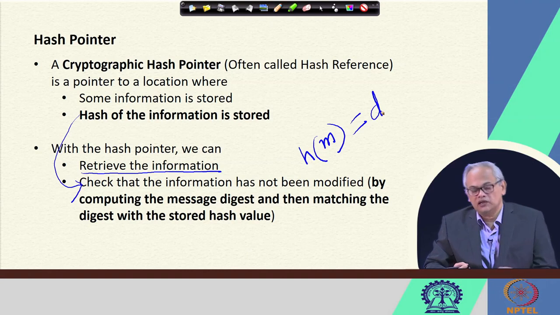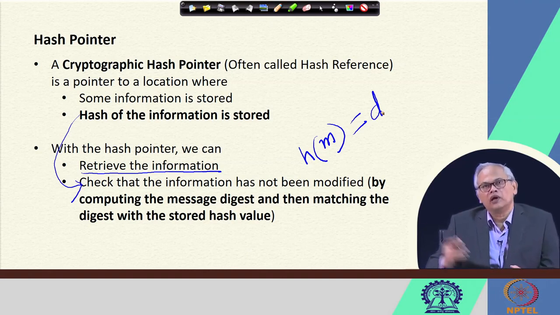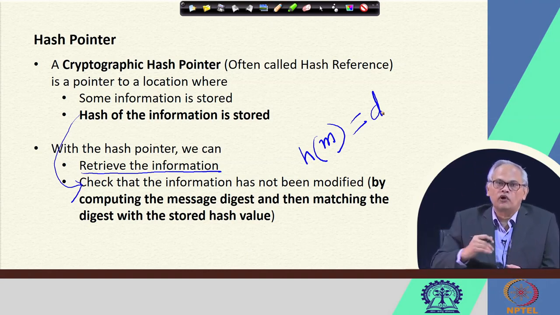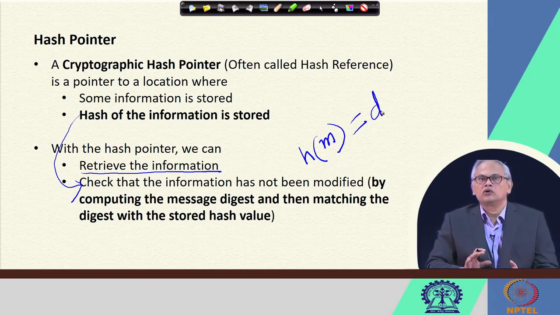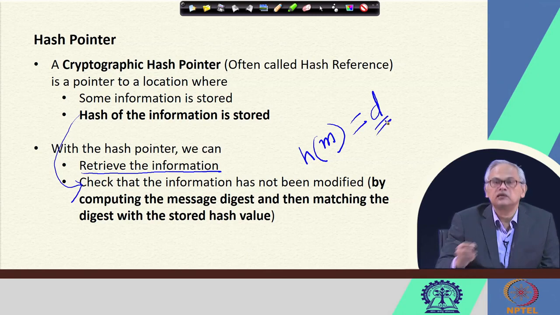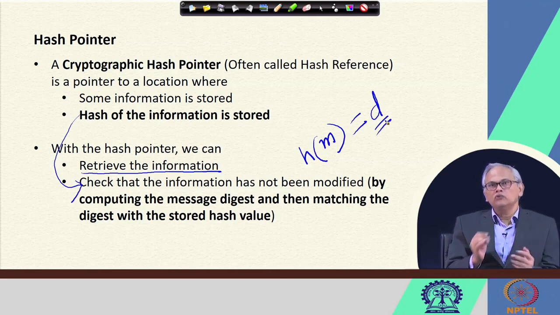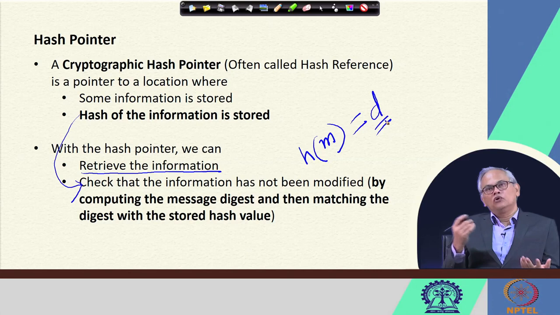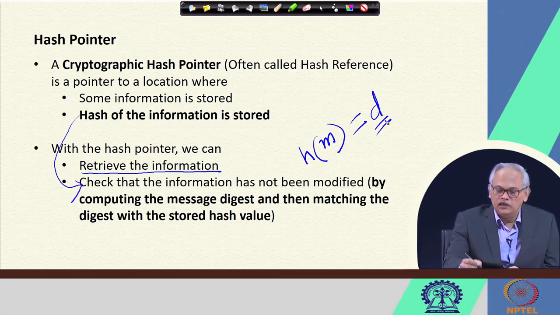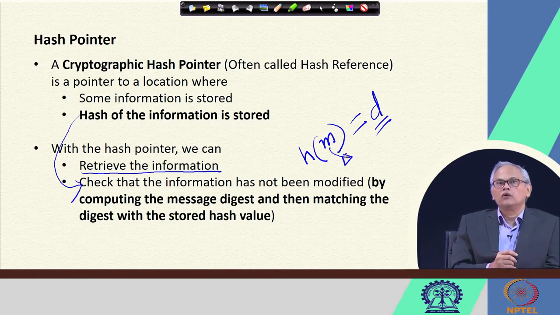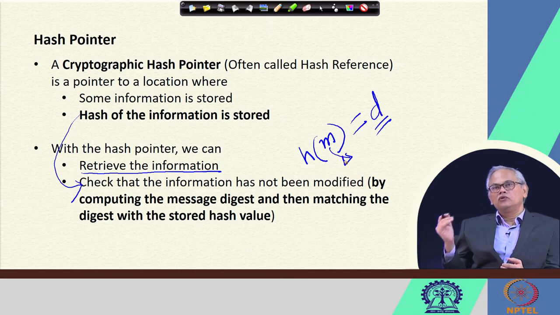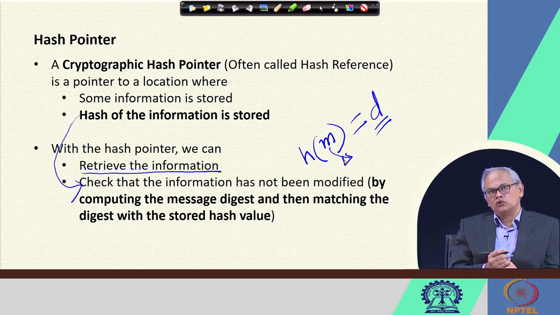So, in the location, this hash pointer is pointing to that location, and also it has stored this hash, that is d. Now, say later on I try to retrieve the information. Okay. And then if we want to retrieve it, what will we do? This pointer will go to that location and get the value that is stored.